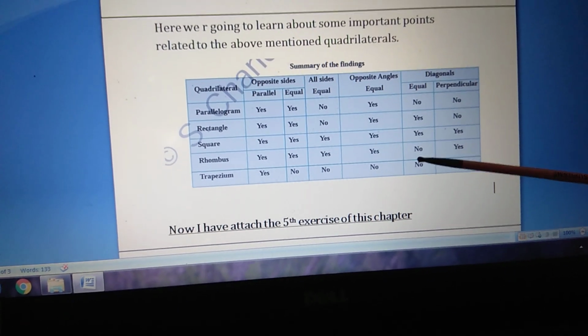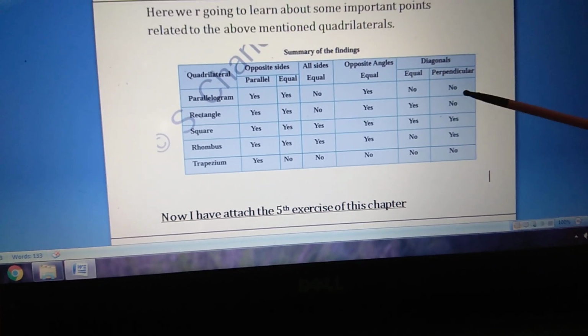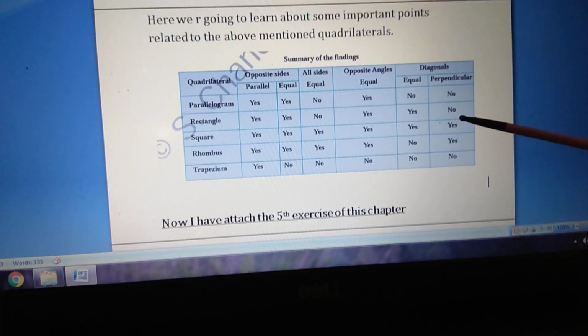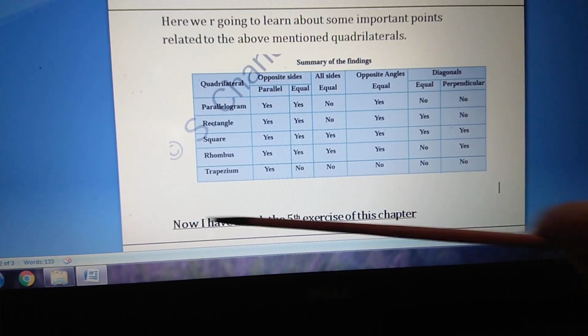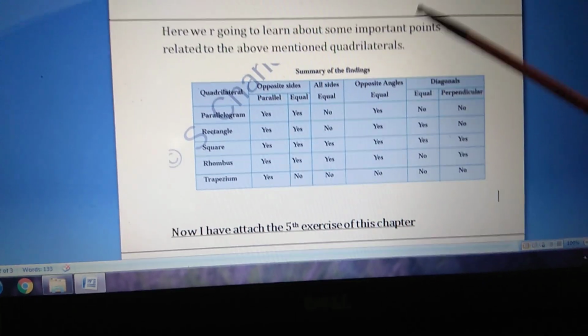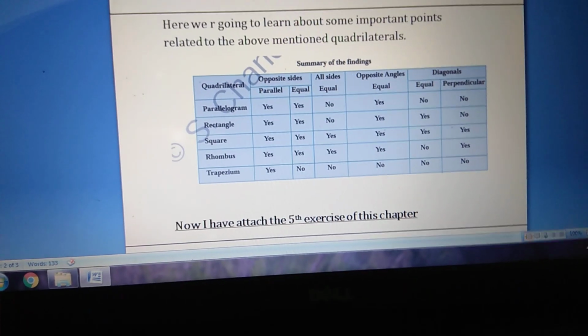In other cases they are not equal. And diagonals are perpendicular in the case of only square and rhombus. Look at this table in your book carefully. This will be very helpful to find the reasons for some true-false questions.